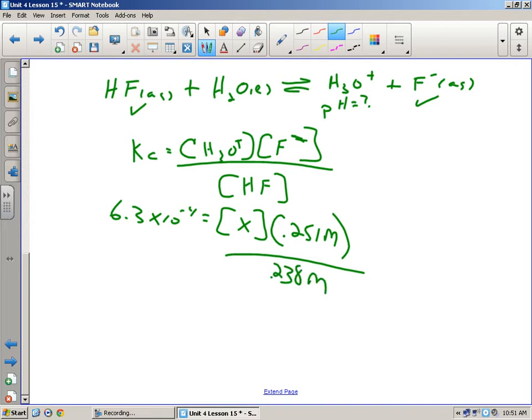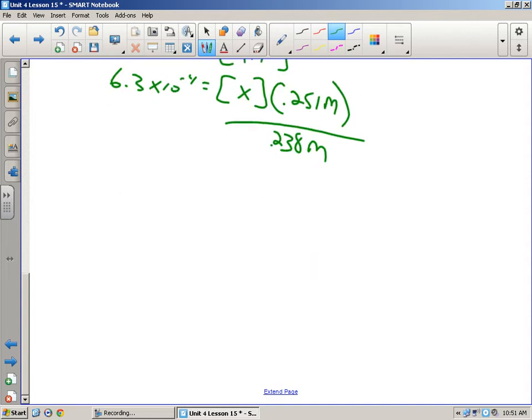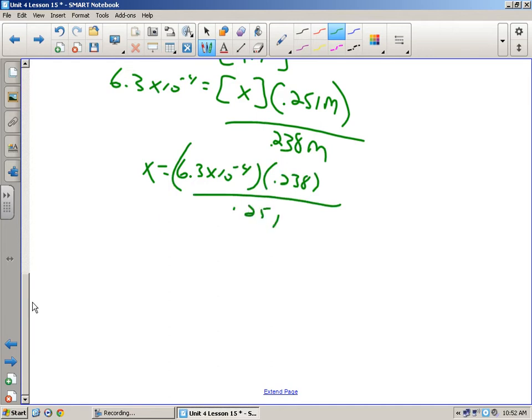So solving for x, what's the concentration going to be? Basically, you should be taking 6.3 times 10 to the negative 4 times 0.238 over 0.251, solving for x.